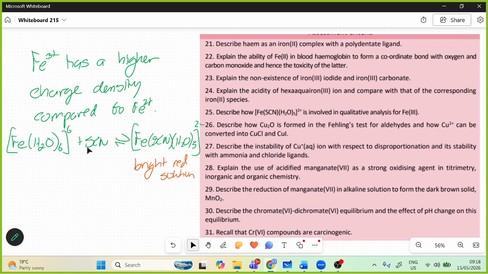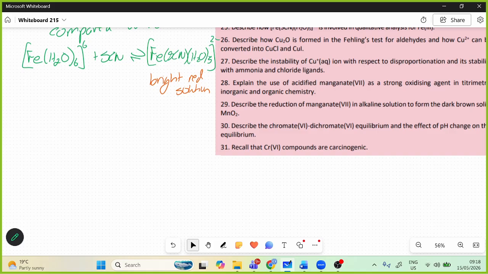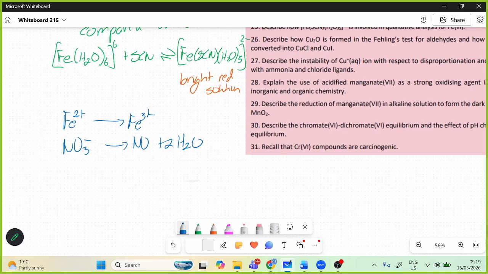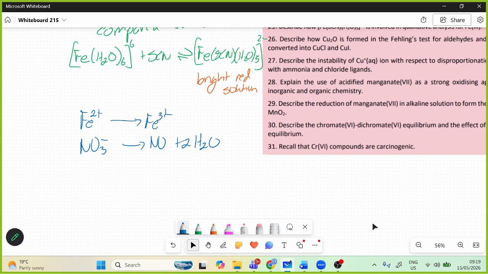Apart from this, there is also the brown ring test for Fe2+, where ideally you do Fe2+ to give Fe3+ and NO3 minus to give NO. If you do it like this, you make your life so much easier.